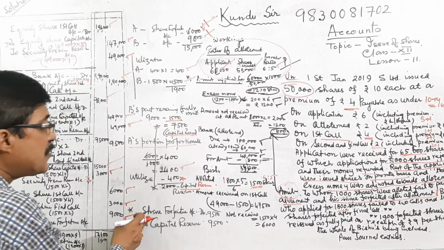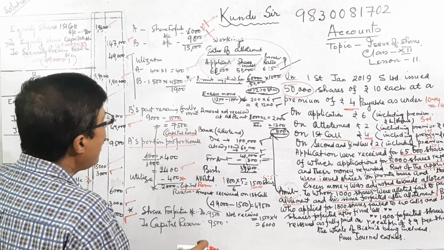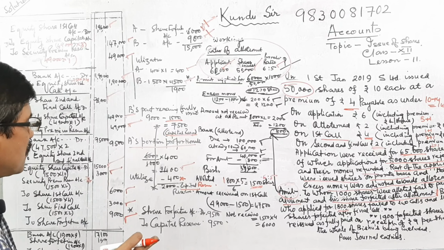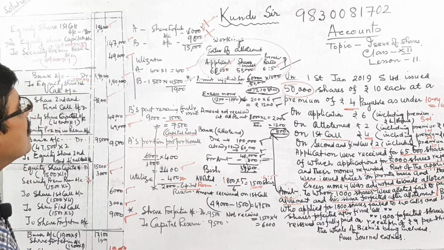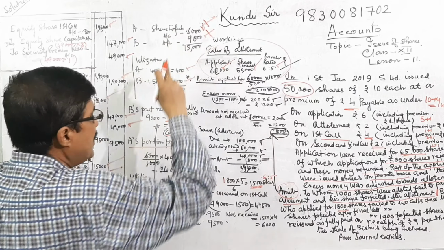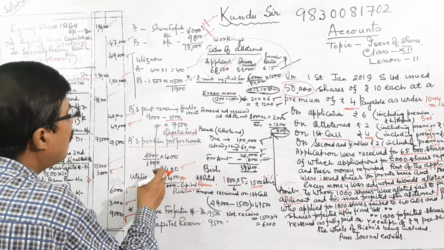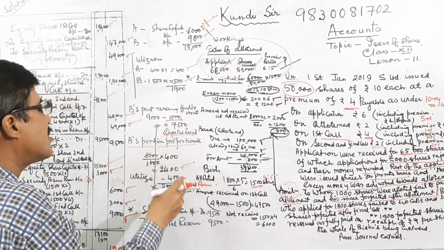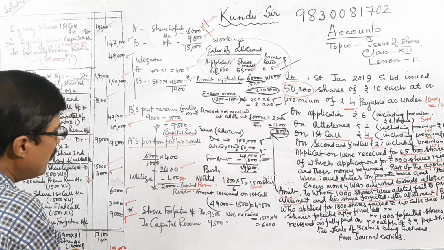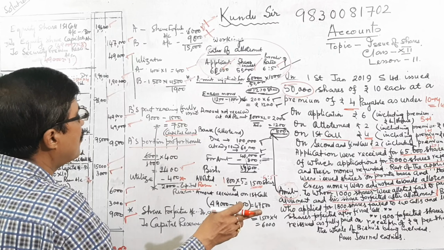So, share forfeiture account debit to capital reserve account, and still now there is a share forfeiture balance, utilization what, 400, the rest part is still lying. Out of 2,400 we have utilized 400 here and 2,000 transferred to capital reserve.